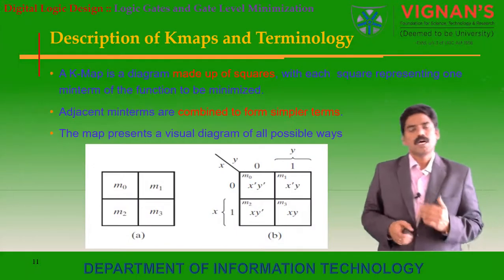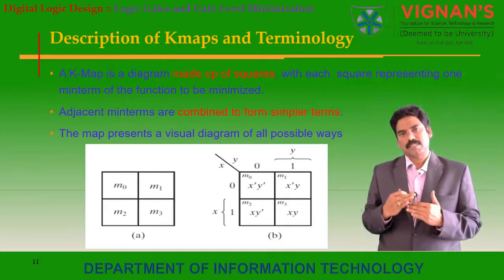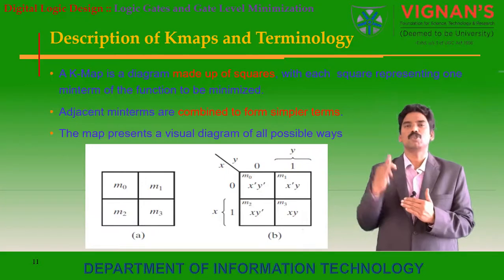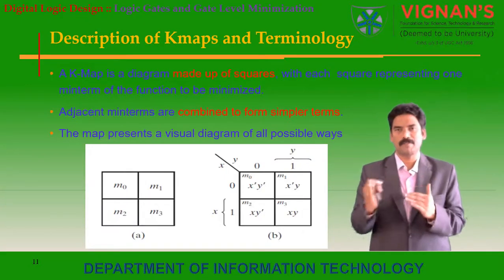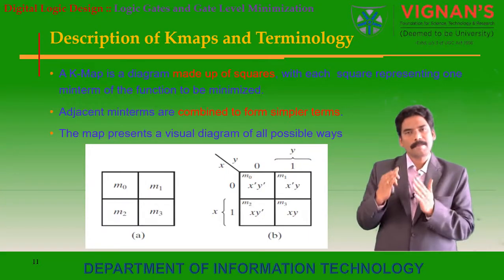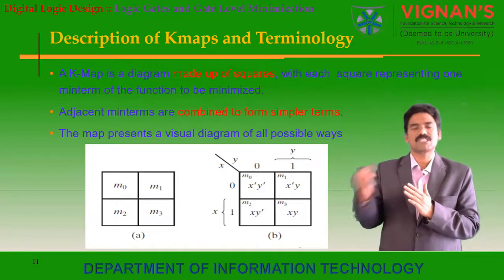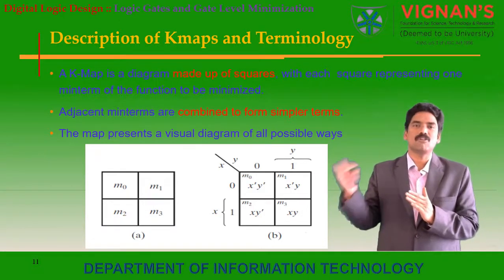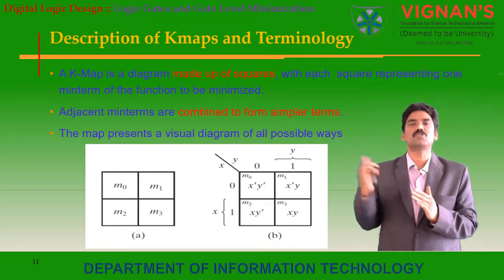Now, we are going to discuss K-map in detail. First, we are considering the two variable K-map. A K-map is a diagram made up of squares, with each square representing one minterm of the function to be minimized.